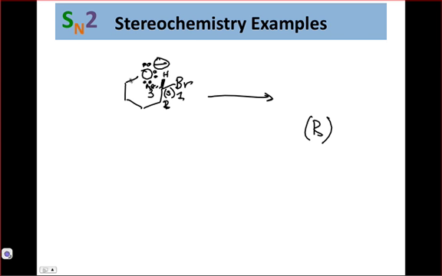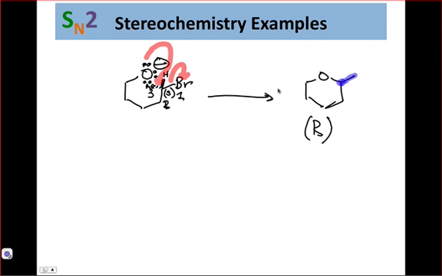So going ahead and just drawing the curved arrows here, we see that the product that we would get just in terms of connectivity is something like this. However, we want to know what's the stereochemistry at this stereocenter. Would we put that methyl group on a wedge or on a dash?